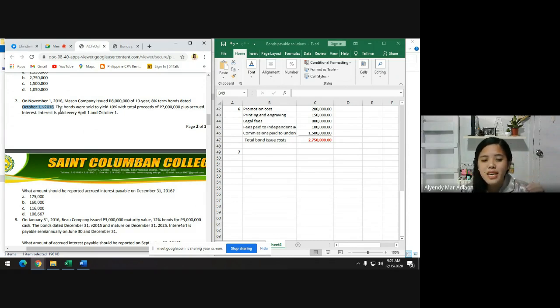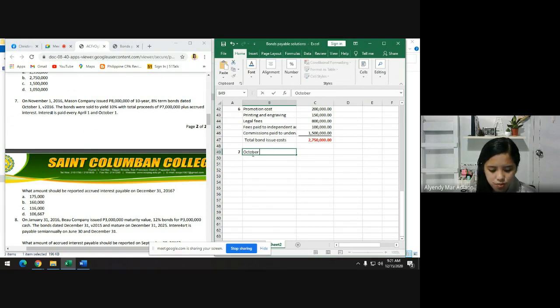So, ang atong basihan, dili katong date kung kanus-a nato gihatag sa bondholders, but the date of the bonds, which is October 1, 2016. So, in computing for the accrued interest payable, it will start from October 1, 2016 to karon nga date, December 31, 2016.